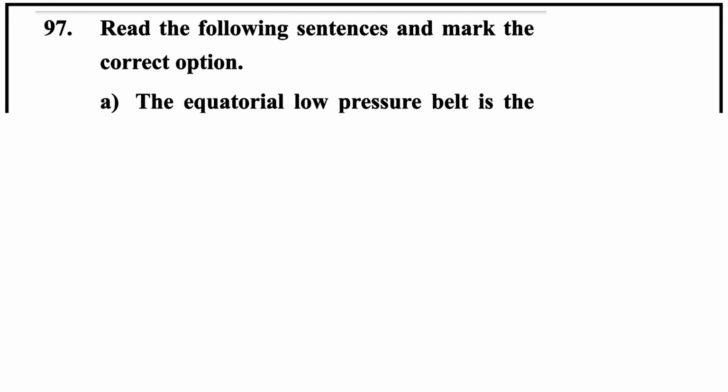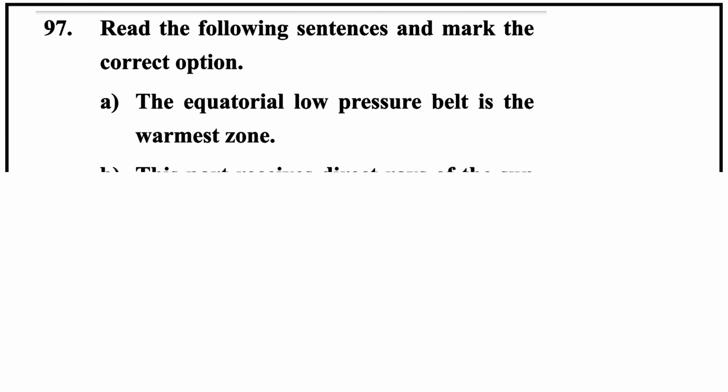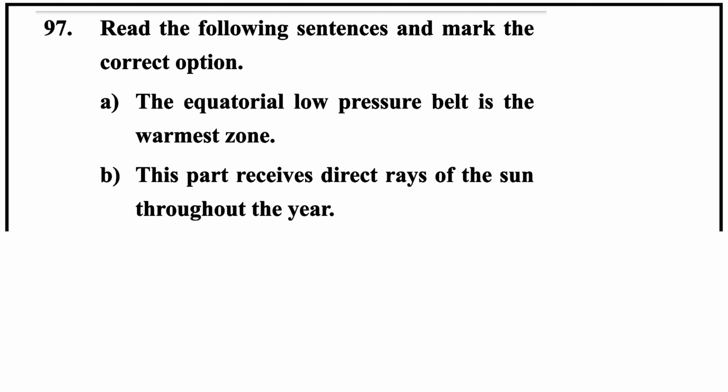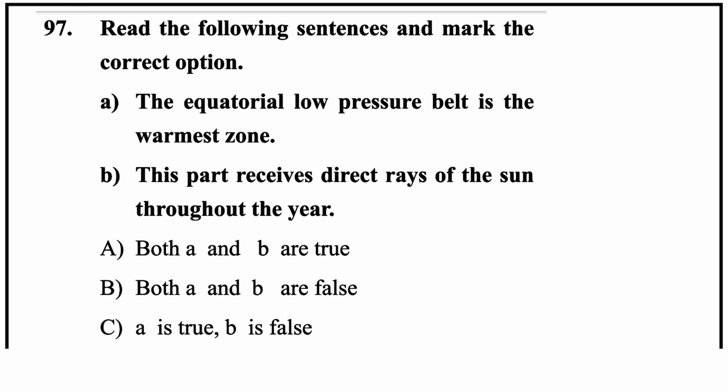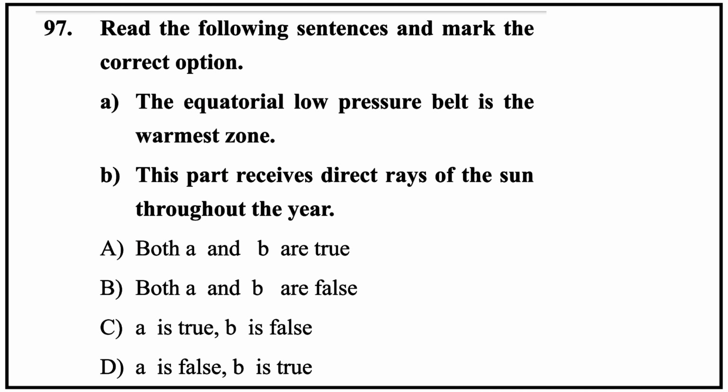97. Read the following sentences and mark the correct option. A. The equatorial low pressure belt is the warmest zone. B. This part receives direct rays of the sun throughout the year. Options: A. Both A and B are true. B. Both A and B are false.